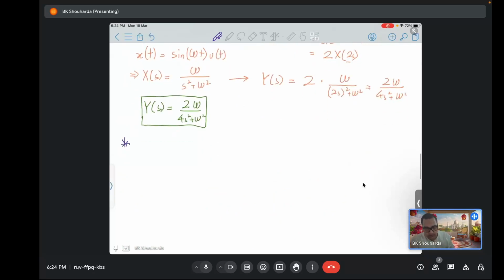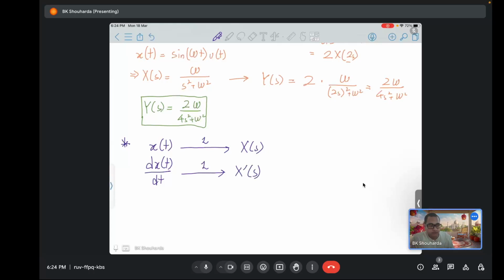So let's say you have a signal x(t) whose Laplace transform is X(s). So what would be the derivative's Laplace transform? Let that be X prime(s).